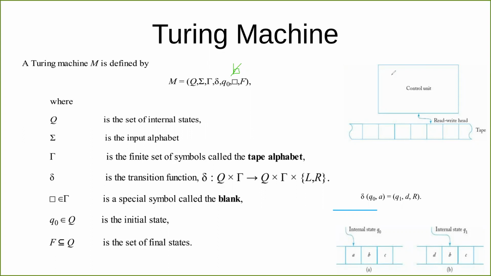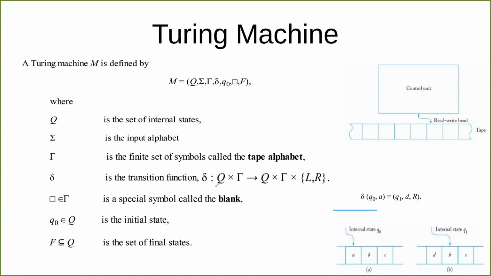So if this is a machine and some input is given like 1101, on which this machine has to run, then the remaining part of these cells are blank. It is assumed that a blank symbol is written in the remaining cells. So it is like this.